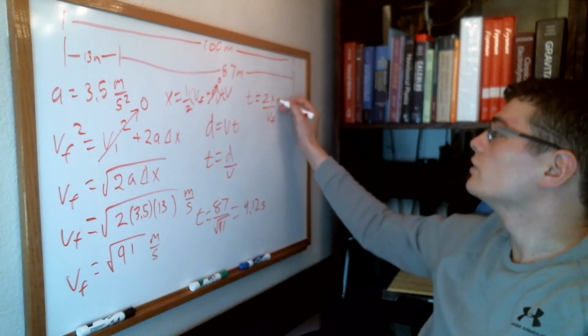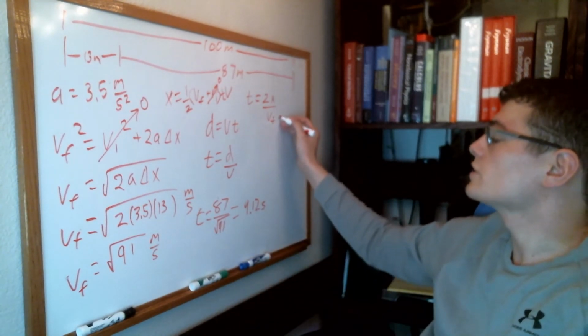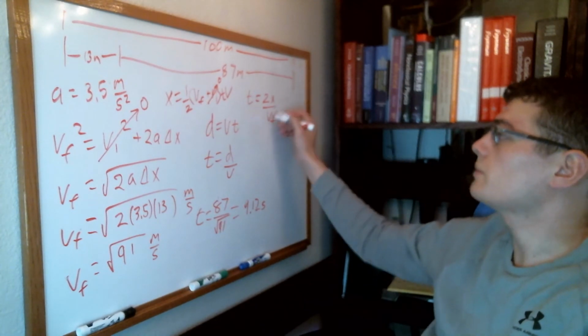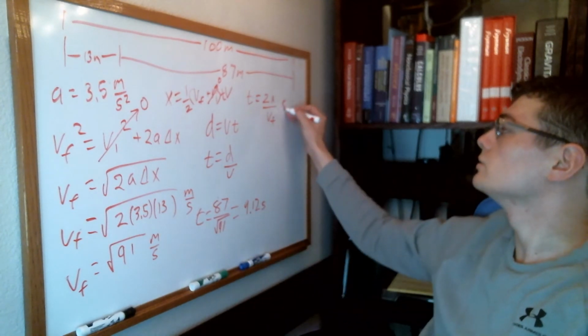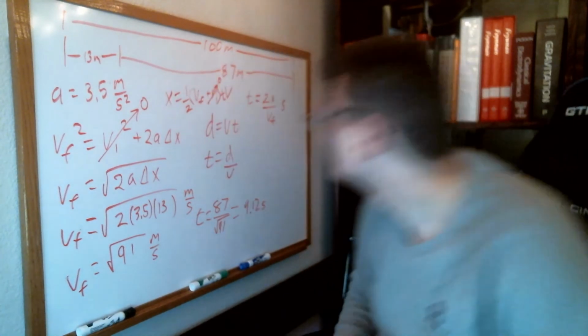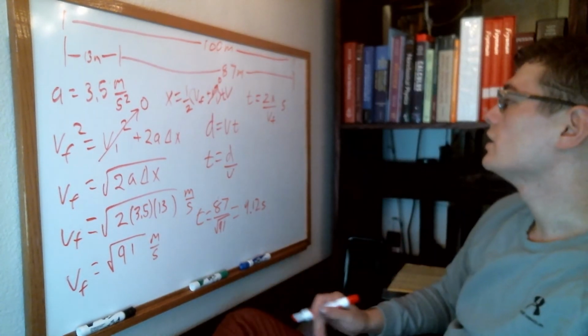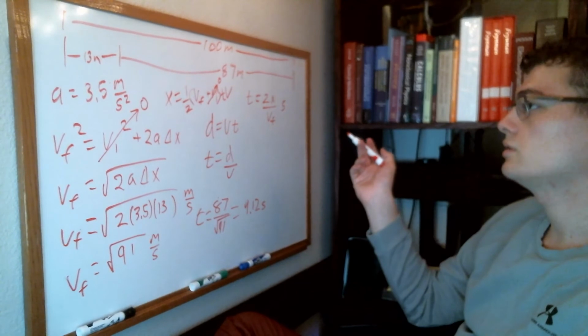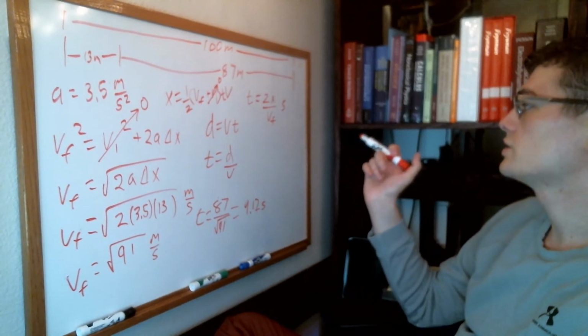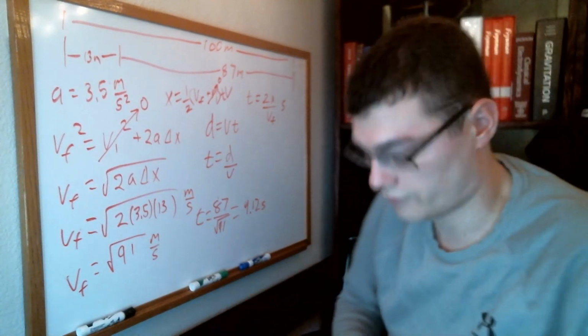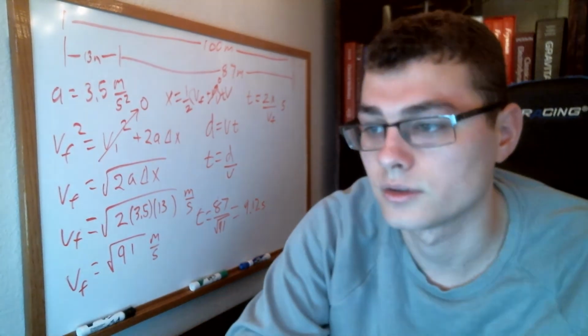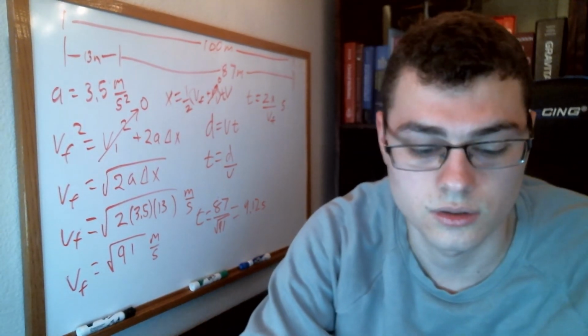Check our units. We have meters over meters per second, so the second is going to come up to the top, the meters are going to cancel. So we have time as our unit here, and so 2 times 13 is going to be 26 divided by 3.5.